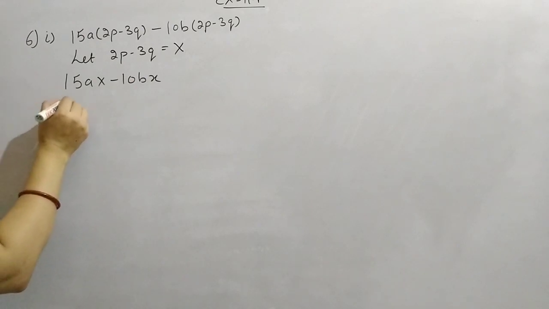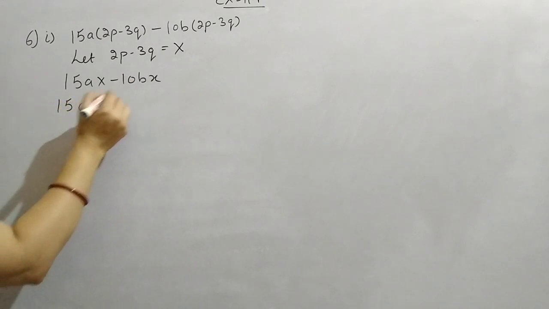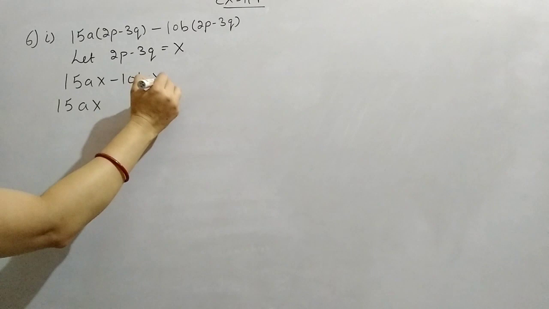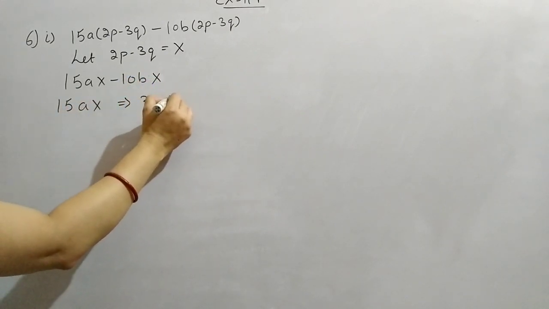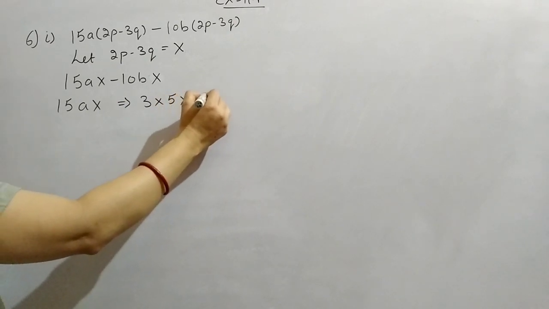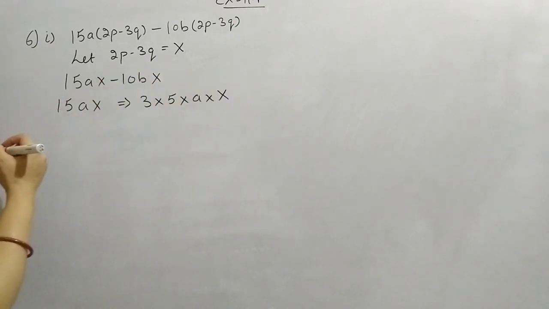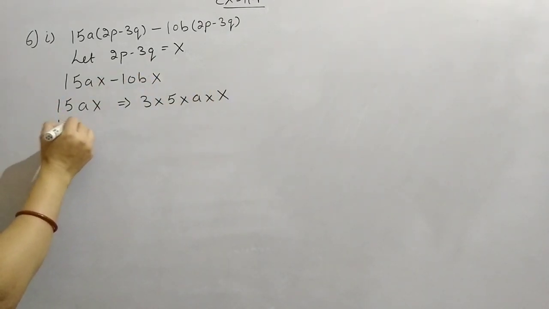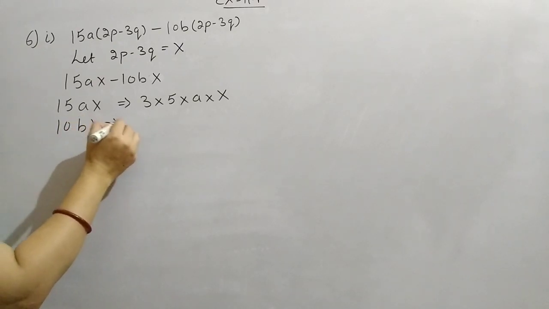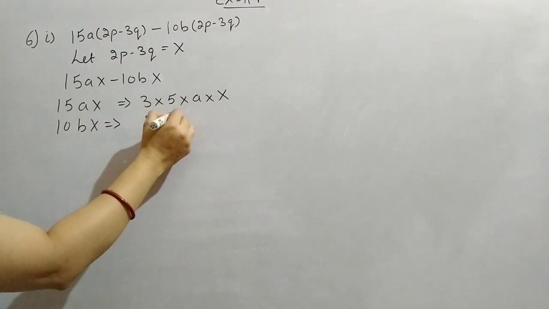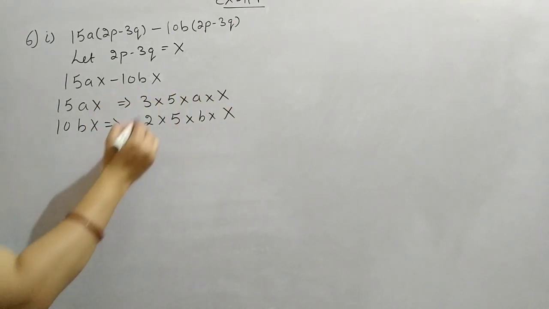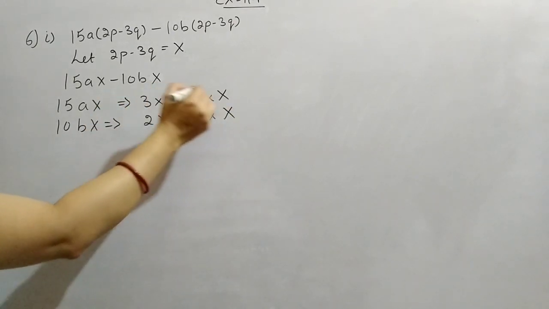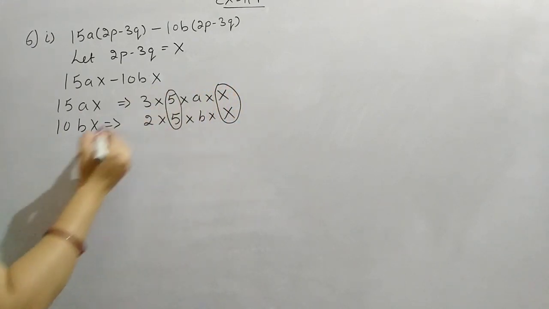Now 15ax, if we split it, then we can write 15 as 3 into 5 into a into x. And 10bx we can write as 2 into 5 into b into x. So the common things are this 5 and this x.